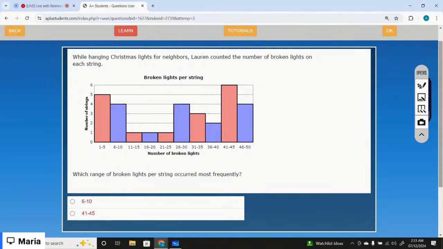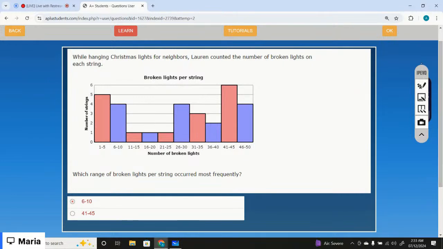So, which is the correct option? 6 to 10.